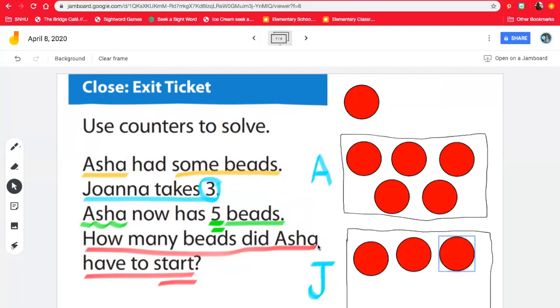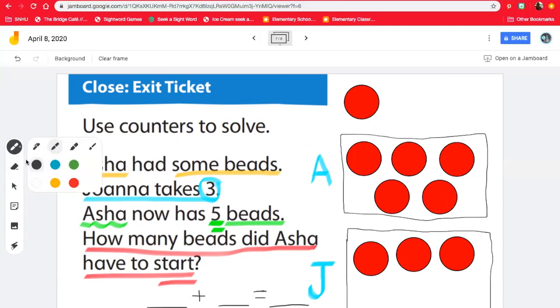So now what we need to do is count. So if we have our equation, we have blank plus blank equals, and we want to figure out how many she started with. Well, we know that she has 5 left.